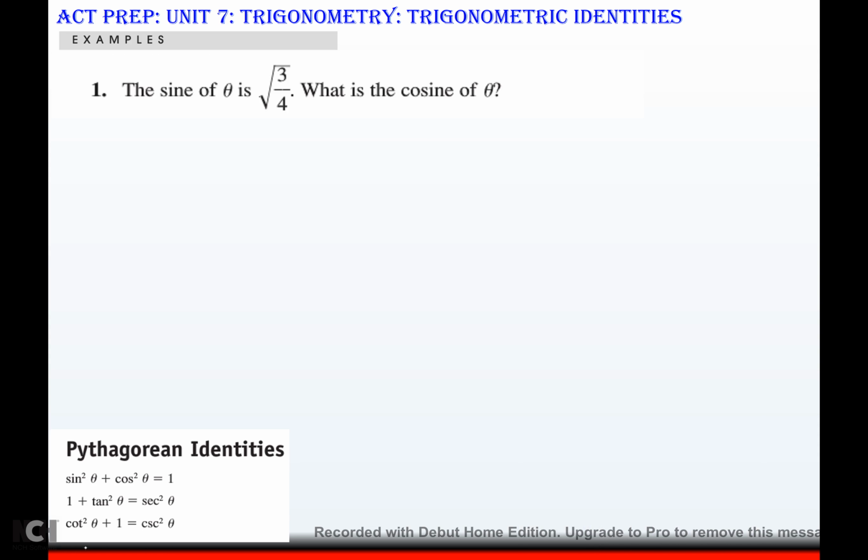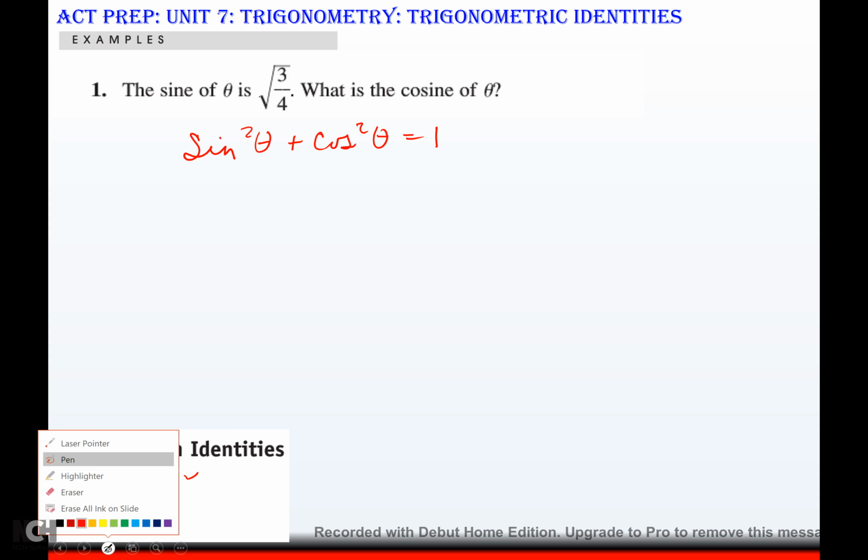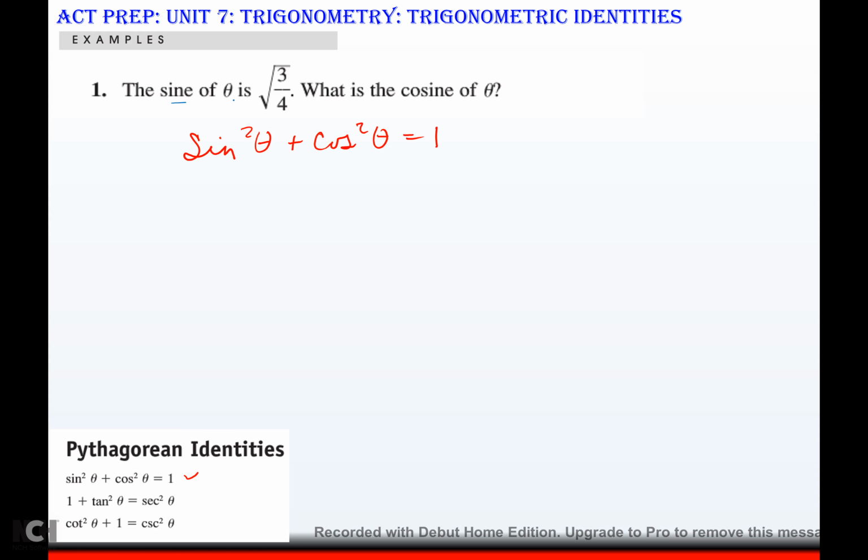All right, so it says the sine of theta is the square root of 3/4. What is the cosine of theta? Now, you can do this a couple different ways, but what I would recommend is using this identity. So if we say sine squared theta plus cosine squared theta equals 1, then I can plug in, they gave me the sine.